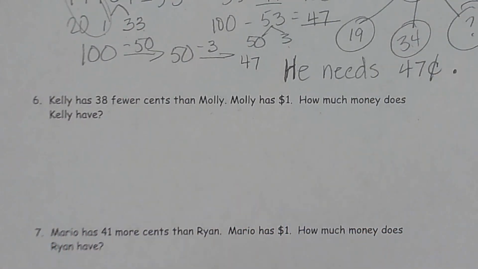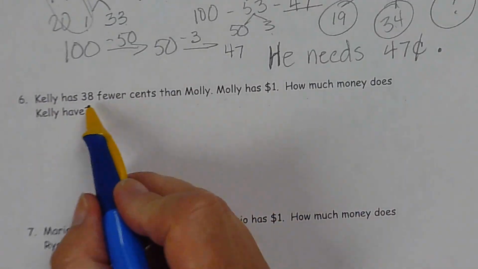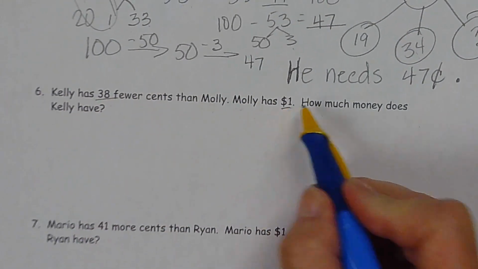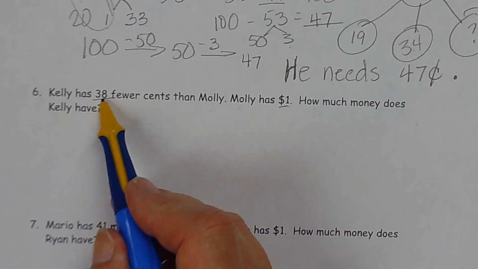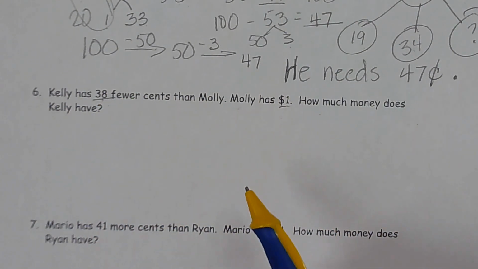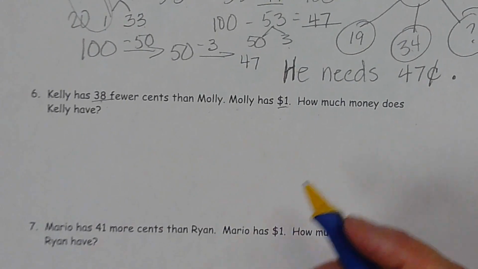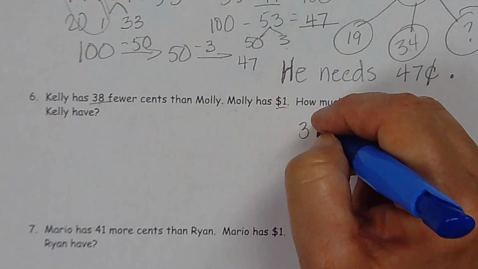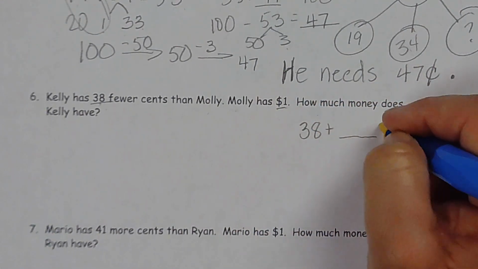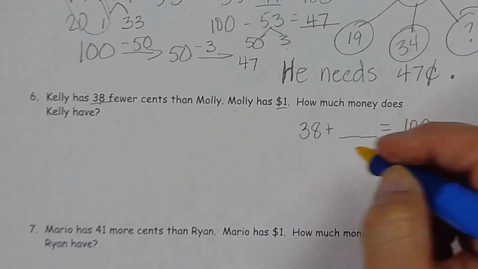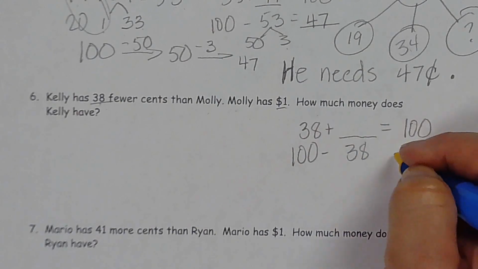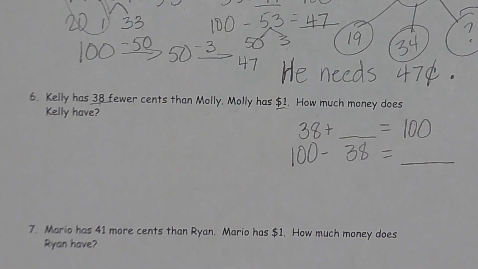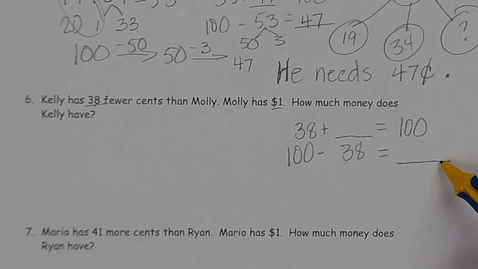We want to know what is the difference between 38 cents and $1. Well, actually, this is saying that 38 cents is the difference, right? Same thing. We are going to say 38 plus something equals 100 cents, or 100 cents minus 38 equals something. Kelly's amount. This is how much Kelly has.